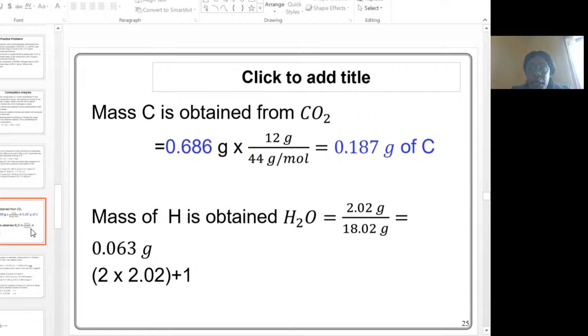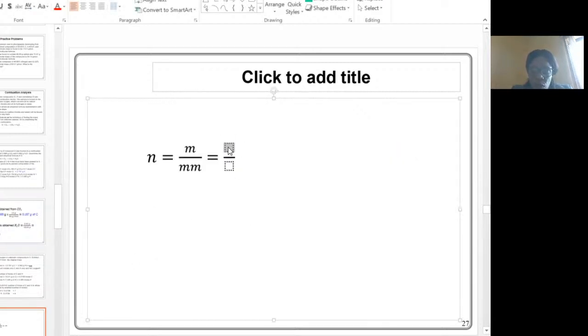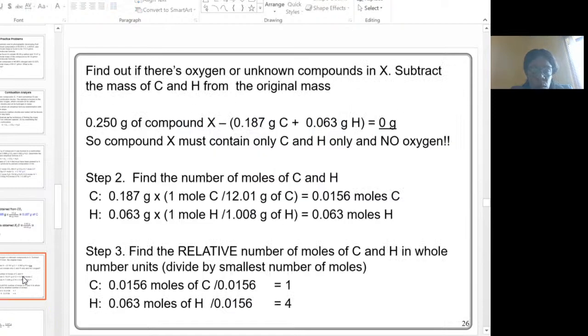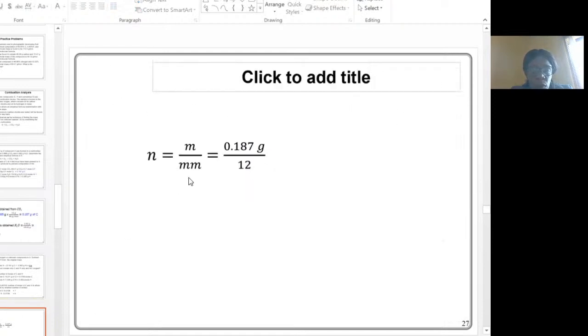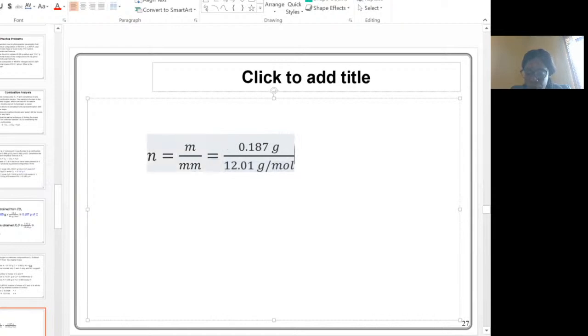The mass of carbon here is 0.187 grams, over the molar mass of carbon, which is 12.01 grams per mole.